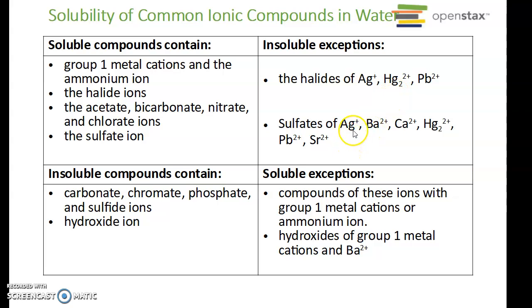You'll notice that they're mostly silver, mercury, and lead. Insoluble ones are the carbonate, chromate, phosphate, and sulfide ions, and the hydroxide ions, except the hydroxides of group 1 metal cations and barium, the only one in group 2. Compounds of these ions with group 1 metal cations and ammonium ion are soluble.